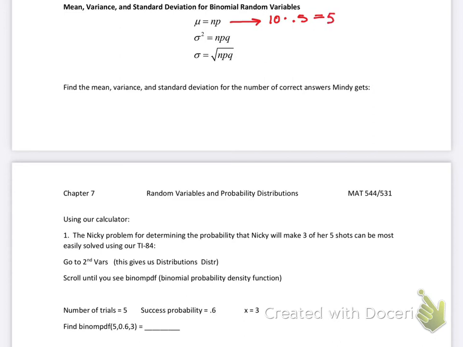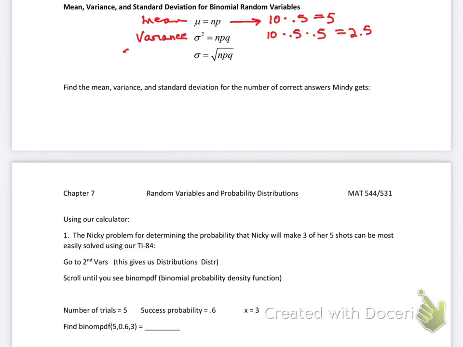This is your variance. How much do you vary around the mean? To get that, you take your 10 times your 0.5 and then times your 0.5 again. So 5 times 0.5 gives me 2.5. That's my variance.